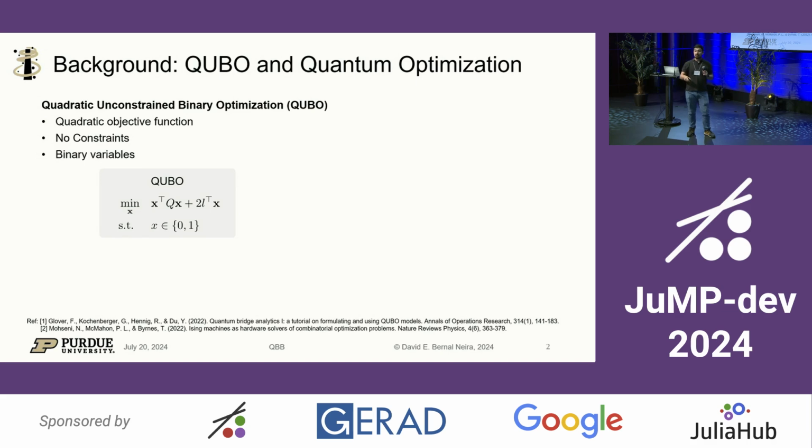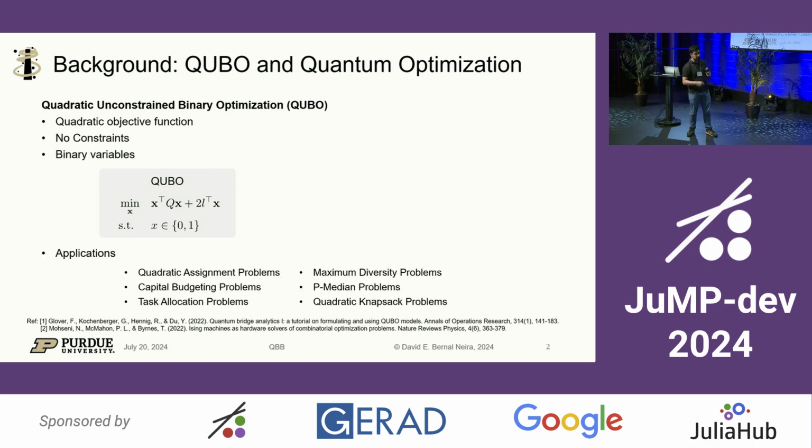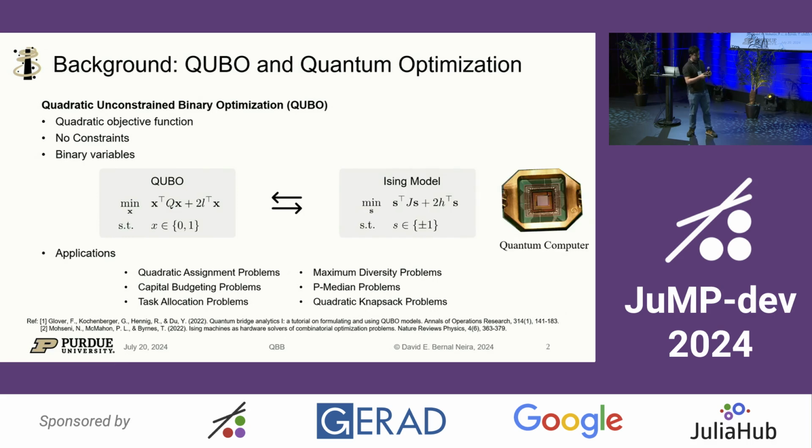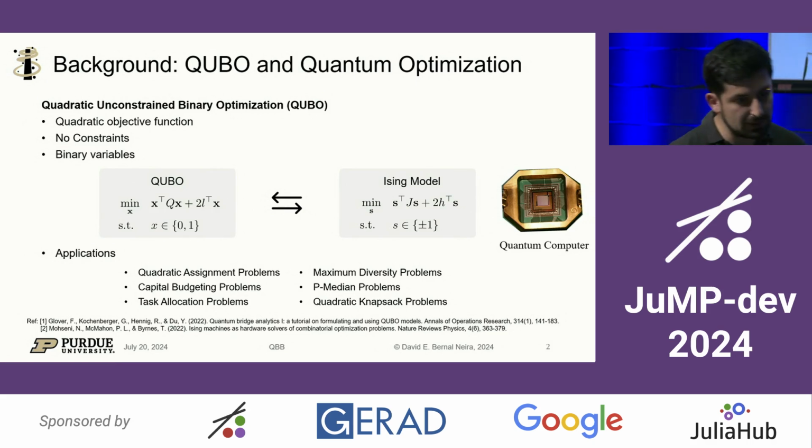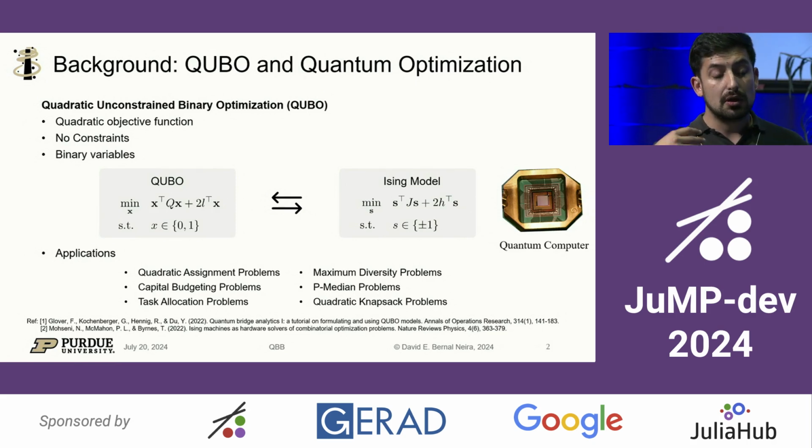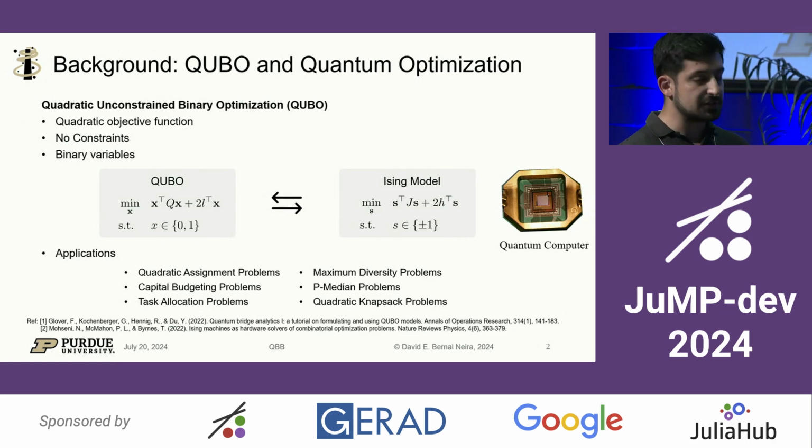I don't need to tell you much about quadratic unconstrained binary optimization. I think Pedro has done an excellent job covering this kind of optimization problem: quadratic, no constraints, binary variables only. It has a number of applications per se, and in particular in physics, people like it a lot because it looks a lot like the Ising model, which is interesting from a statistical mechanics point of view, but also because people developing hardware particularly fitted to address this problem have the facility of finding a physical equivalent to it, right?